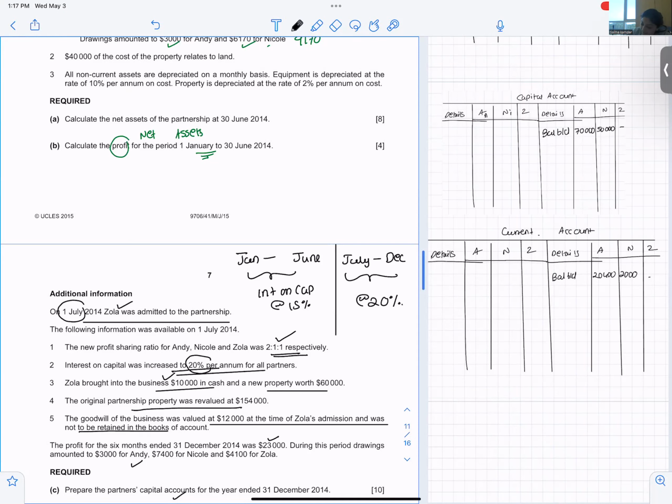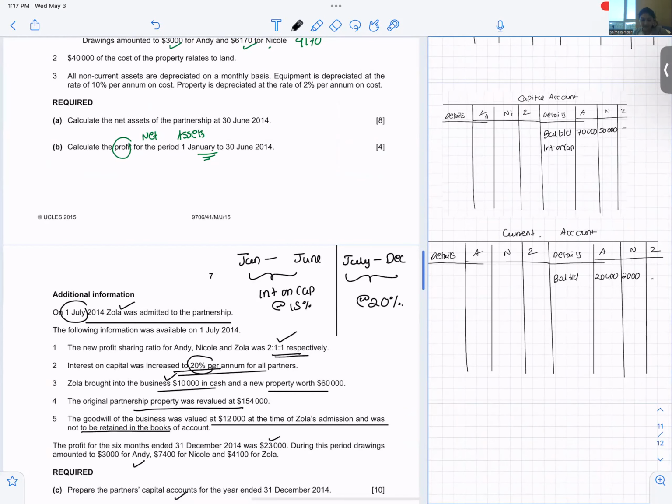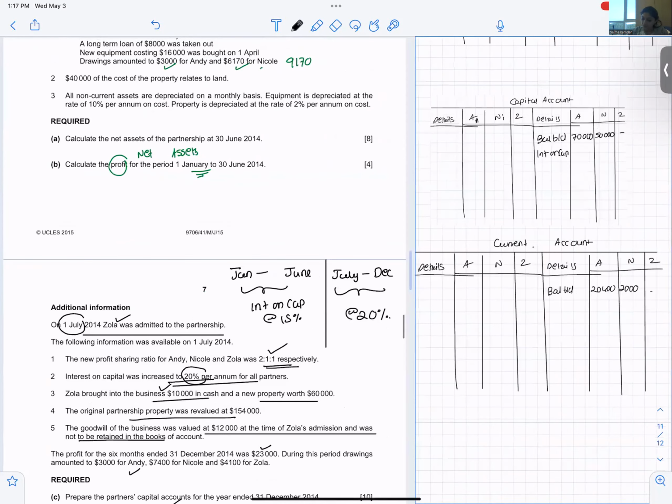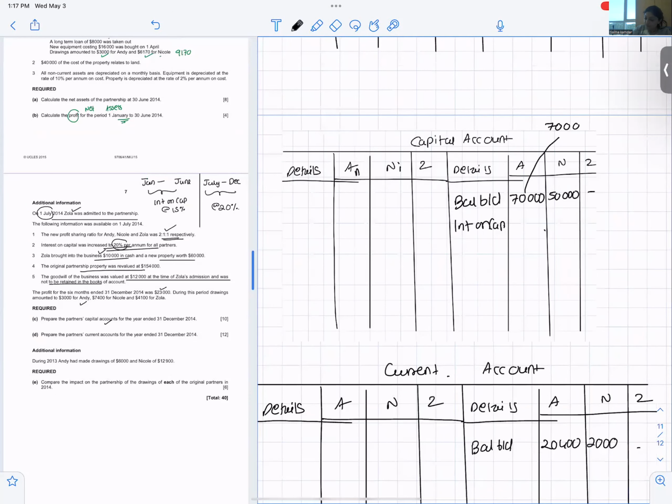So the old interest on capital, I will give them on 70,000 at 15%, but for 6 months. So 70,000 into 15% into 6 divided by 12.